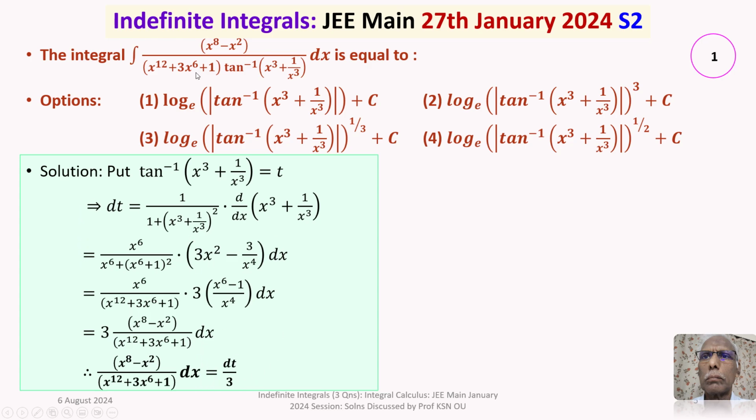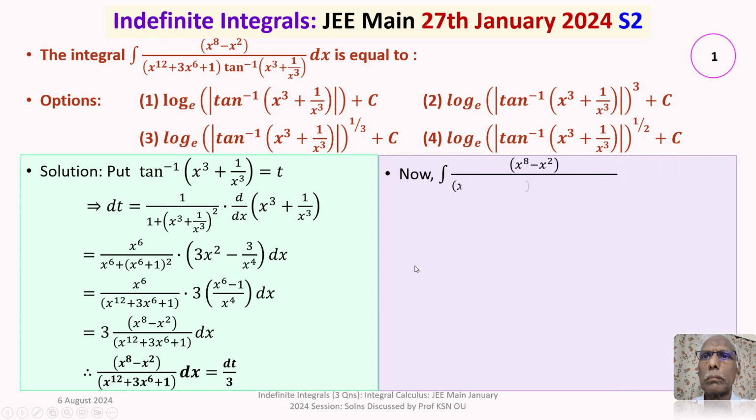Go into the given integral and substitute. So take that integral as it is and make a substitution. So that will be integral of dx by dt by 3 into 1 by t. The integral of 1 by t dt by 3.